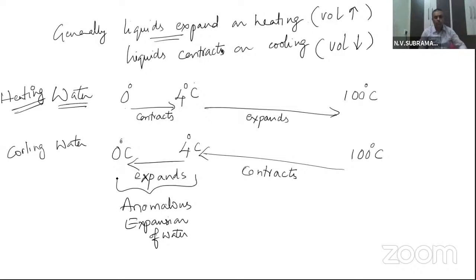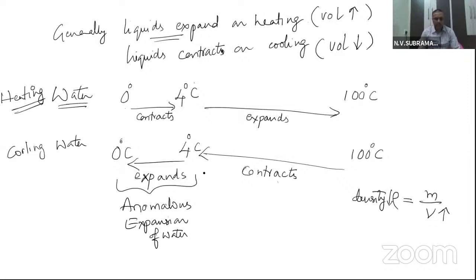That means volume goes on increasing and density goes on decreasing, because you know, all of you, density is always given by mass by volume. So if volume is increasing, density is decreasing.